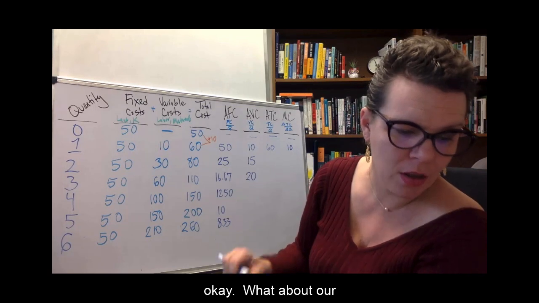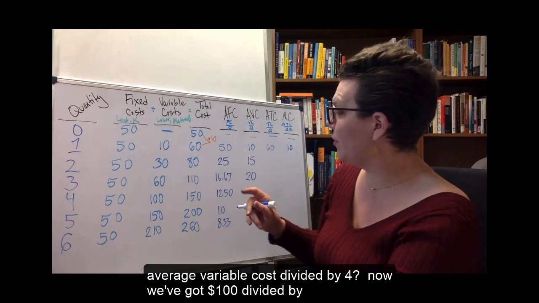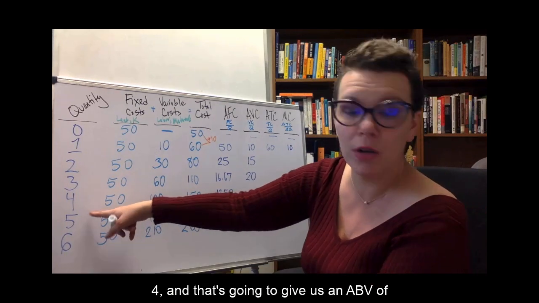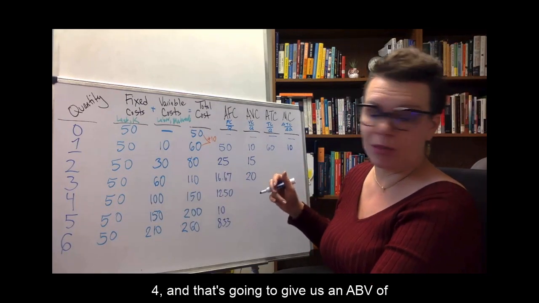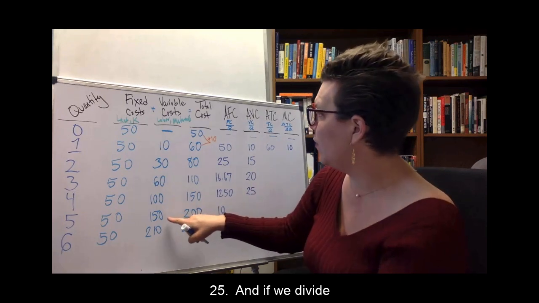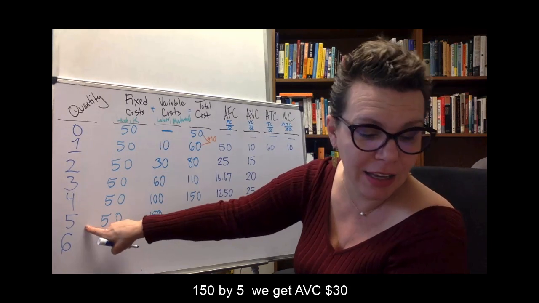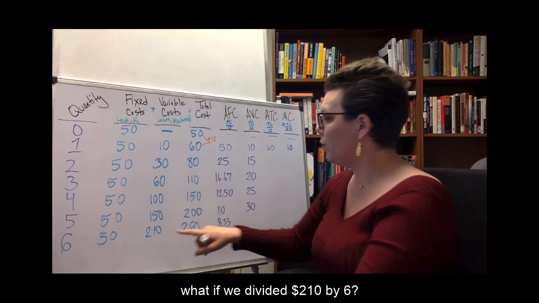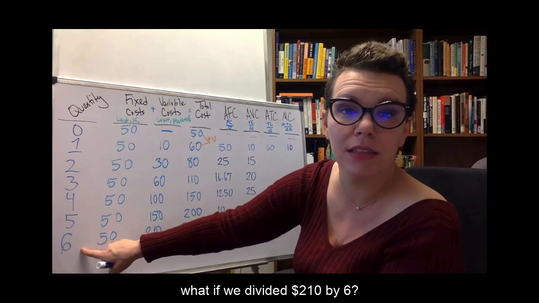Okay. What about our average variable cost at a quantity of 4? Now we've got 100 divided by 4. That's going to give us an average variable cost of 25. And if we divide 150 by 5, we get average variable cost of 30. What if we divide 210 by 6?